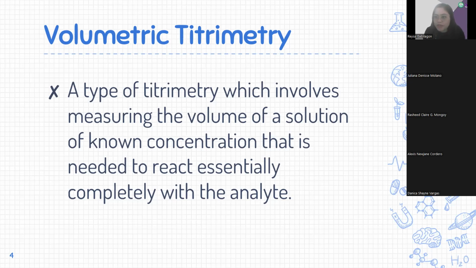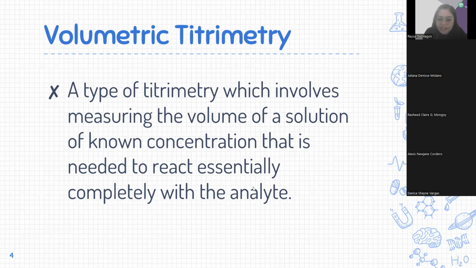In the titration process that you did last week, ang in-identify natin doon, ang pinabasa ko sa inyo after the titration is yung volume na nagamit during the titration. So that is called, class, volumetric titration kasi it involves measuring the volume of a solution of known concentration.